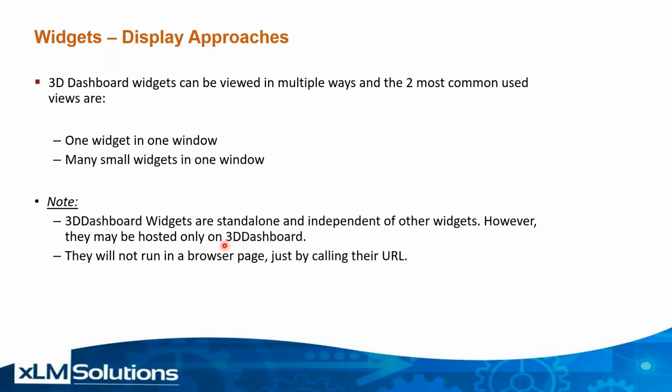However, they can only be hosted in the 3D dashboard. For example, if we have a URL and want to run it in our web browser, assuming this is widget code, that would not happen. You cannot run a widget inside a web browser. You have to run it within the 3D dashboard boundaries.